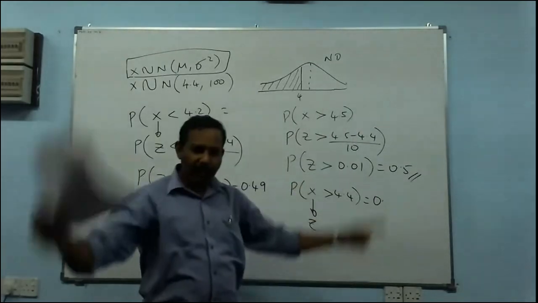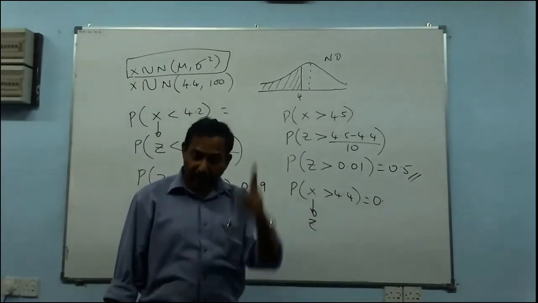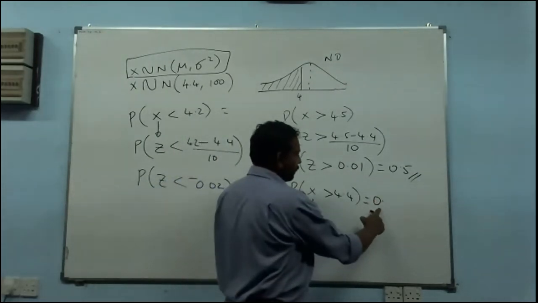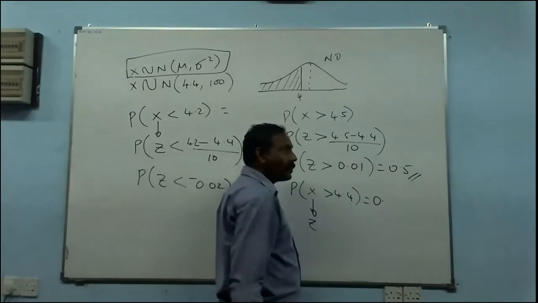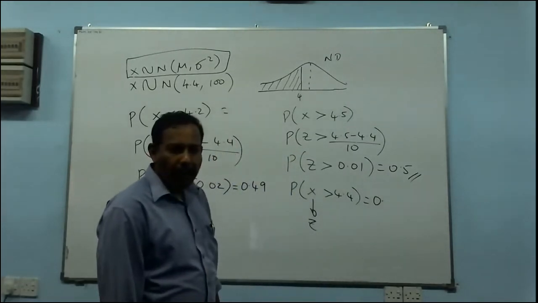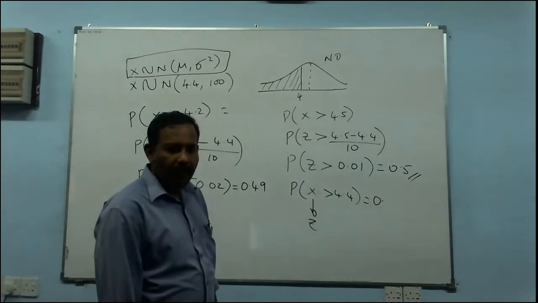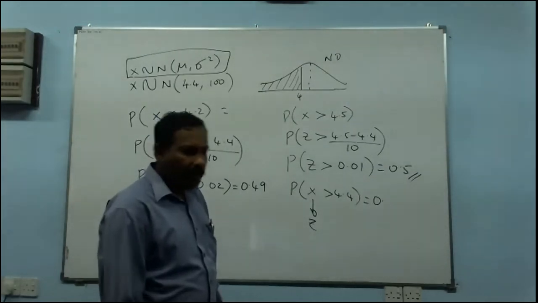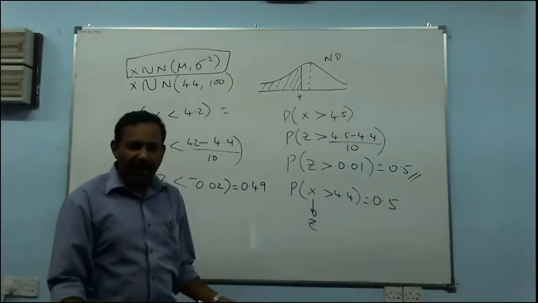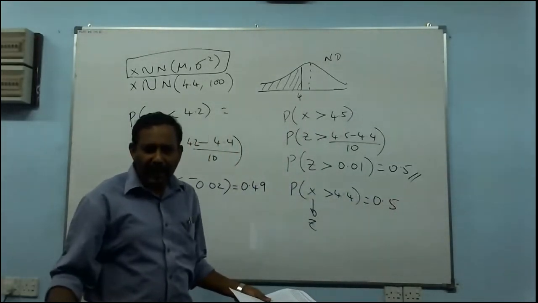It is symmetric, as I said. What is the value? 0.5. Exactly, 0.5. You don't need any table or any kind of conversion.